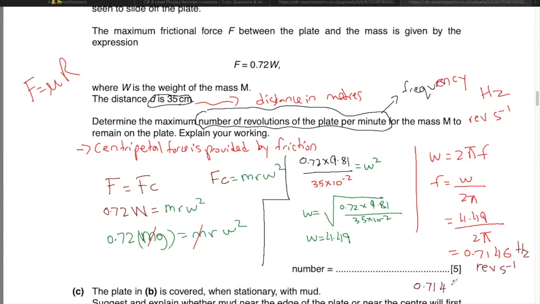And if in 1 second, I am getting these revolutions and I want to find the revolutions per minute, I'll just multiply this by 60. And my answer should be around, come on, guys, what is my answer? Yeah, 42.87, that's the answer.